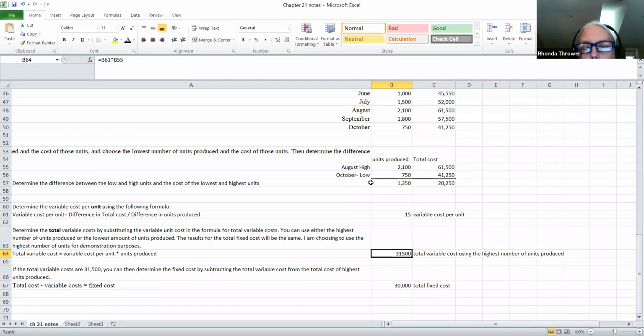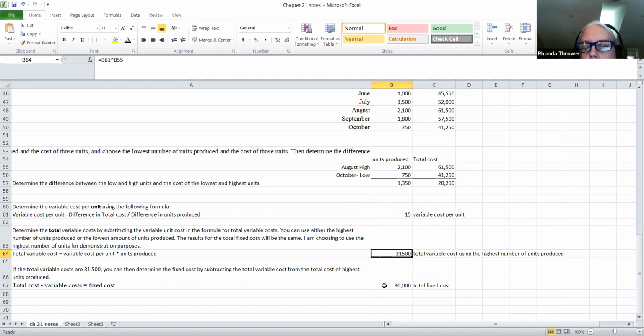If you chose to use the lowest units, the variable cost in total will change, but the variable cost per unit will not change. So $15 times the lowest amount of units produced would give you the total variable cost using the lowest units. Then you could subtract the variable cost from the total cost and it'll still give you the fixed cost.